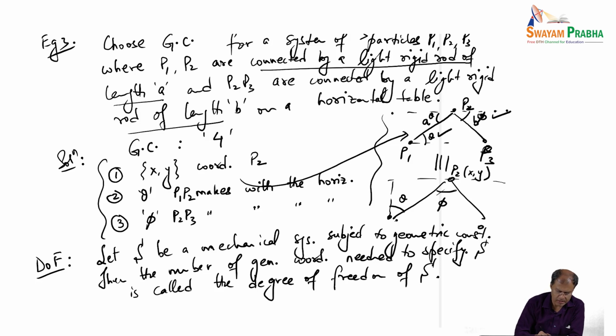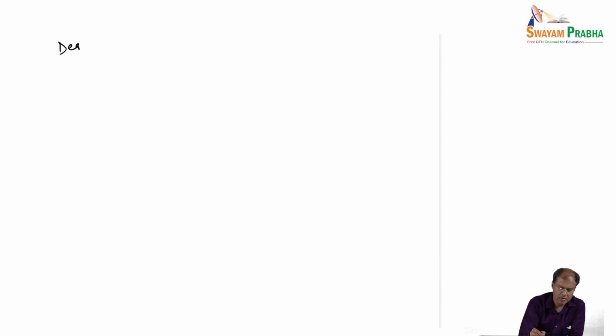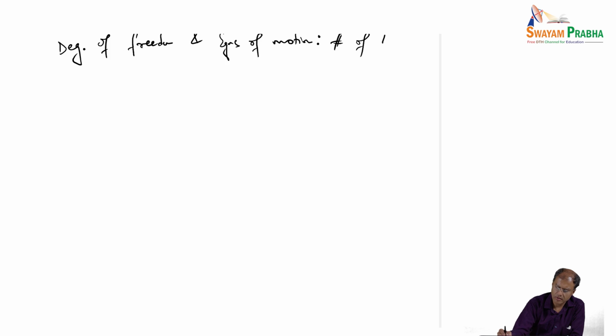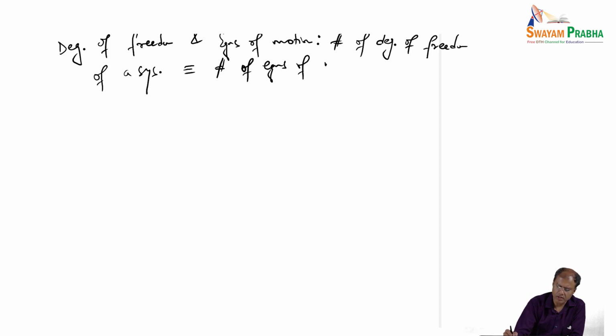So the number of degrees of freedom of a system is equal to the number of equations of motion. That is the primary relation.